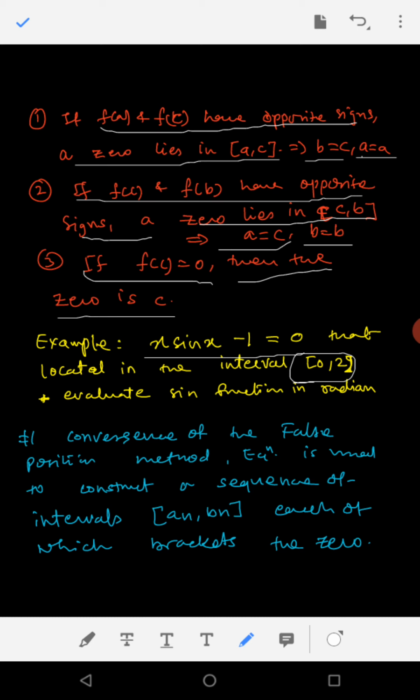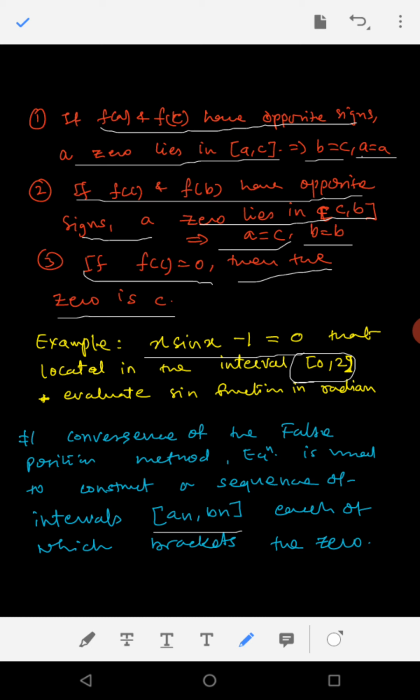Convergence of the false position method: the equation is used to construct the sequence of the intervals a_n and b_n, because we have to introduce the n subscript here to get the sequence of the intervals, and we have to construct the sequence, each of which brackets the 0.